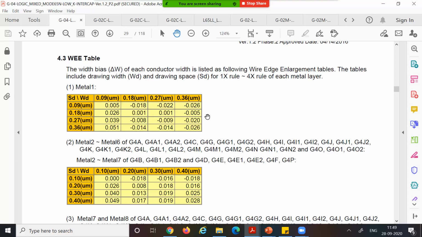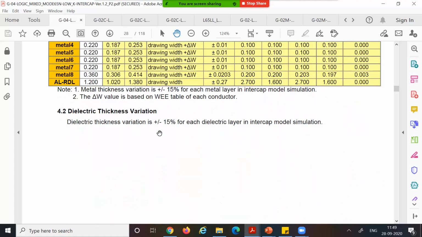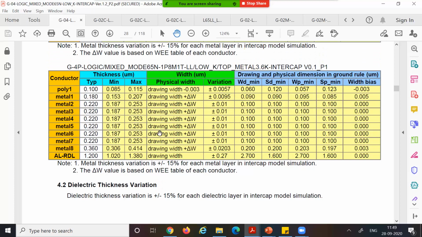So width bias means, if you have something with a width of 0.09 micron, sorry, this is the spacing and this is the width, so if you have a spacing of this much and a width of this much, you have to have a bias of a delta W of this much. Basically, it is like a guard thing. Drawing width is what you do in layout.